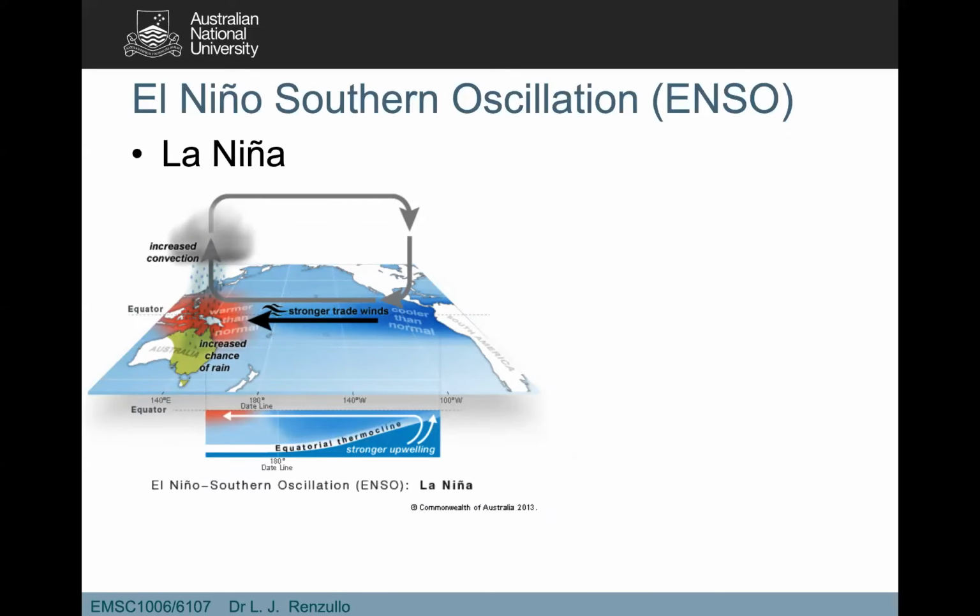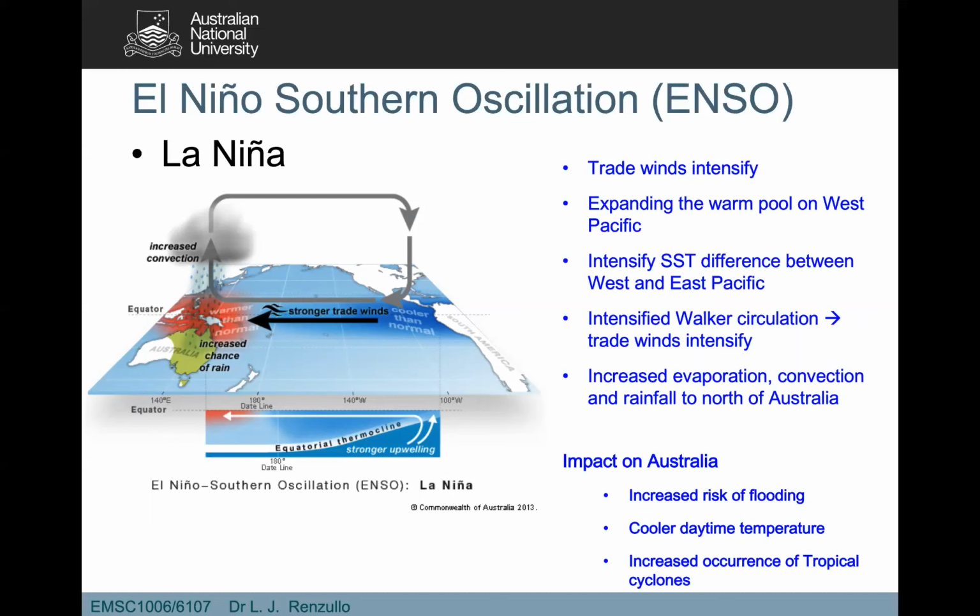Now, in La Nina years, what we have is cooler than normal waters on the eastern side of the Pacific and warmer than normal waters on the western side near the northeast coast of Australia.